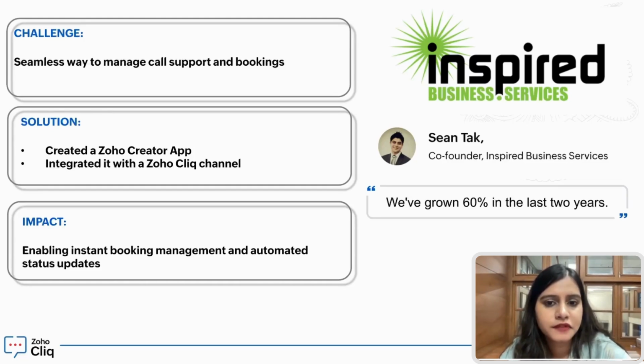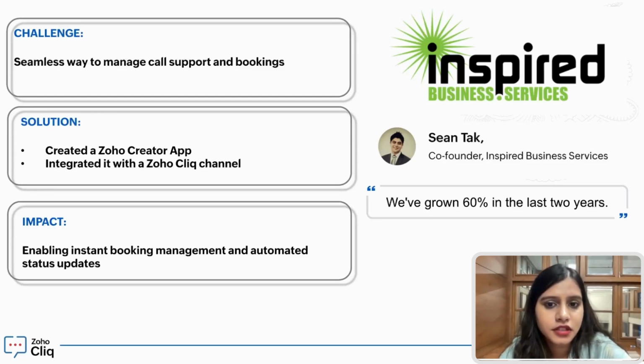One requirement was that they needed a seamless way to manage call support and bookings for their client, who are a chain of corporate laundromats catering to hotels and B&Bs. The solution was that they customized a Zoho Creator app to handle the entire booking process from call reception to driver notifications, and they integrated with Zoho Cliq for real-time updates.